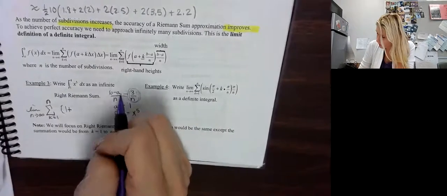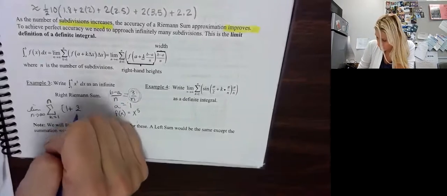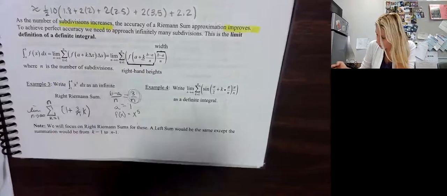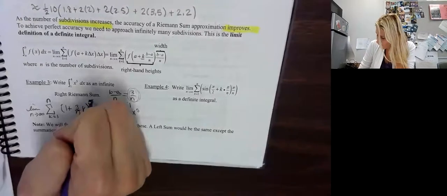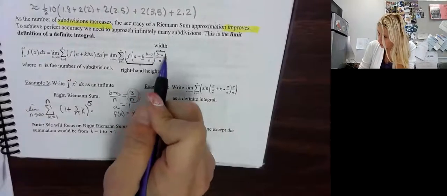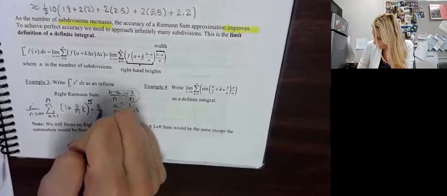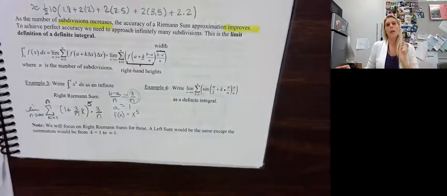Our b minus a over n is 3 over n. So we have 3 over n times k. Now this is inside of our function, right? And our function is x to the 5th. So all of this to the 5th times our width, which is b minus a over n, and we know that is 3 over n. So we just wrote our integral as a limit of an infinite sum.